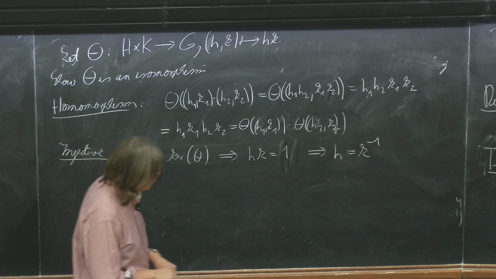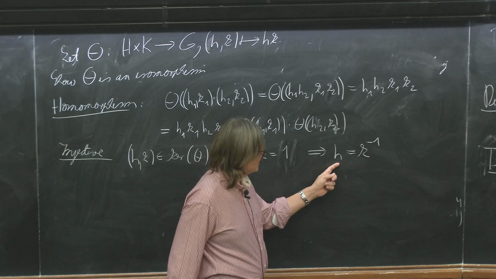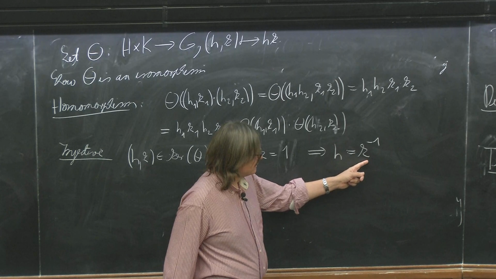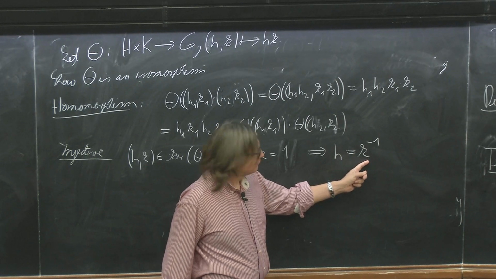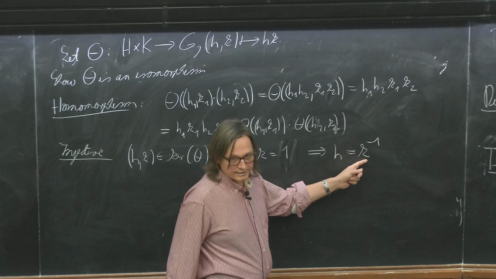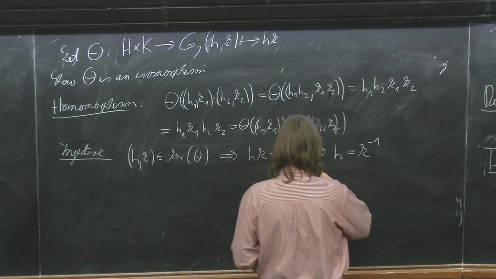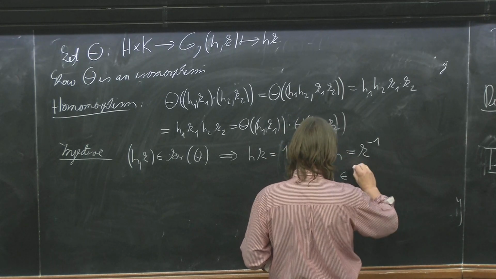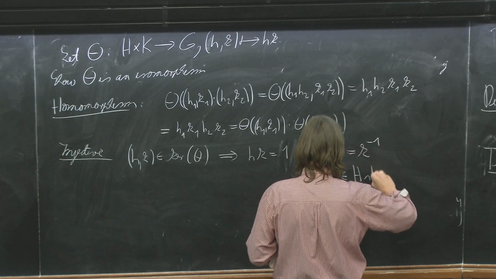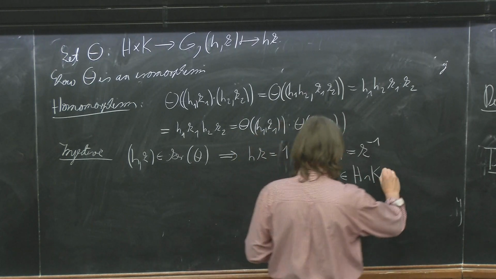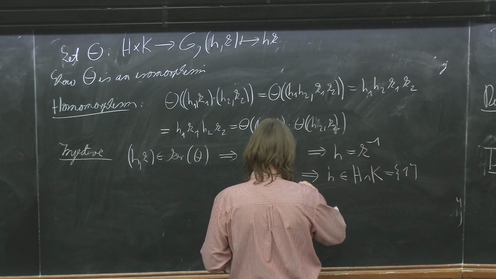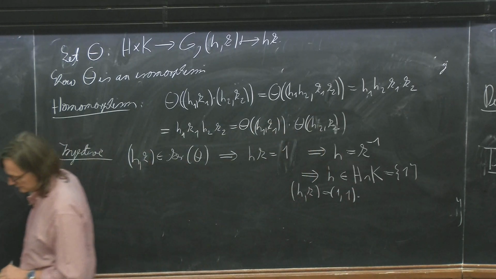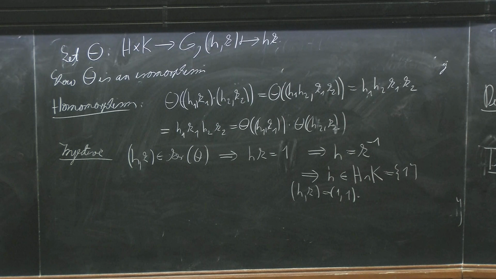But then h lies in H, therefore also k to the minus 1 lies in H, and therefore also k lies in H. So k lies in H and it lies in K. Thus it follows that k is an element in H intersected K, which is 1. And so it follows that (h, k) is (1, 1). So therefore the homomorphism was injective.